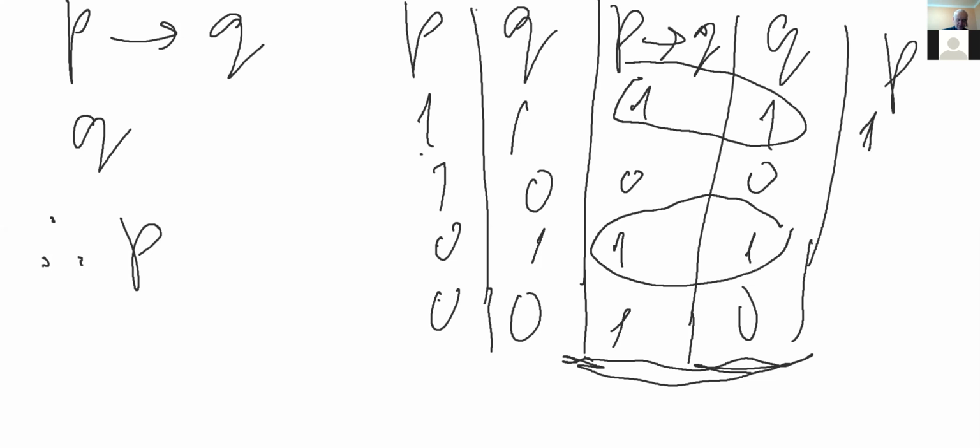It looks okay. And we also need to check the other critical row, and there it is 0. So in one critical row the conclusion is false, and it means that the argument is invalid.